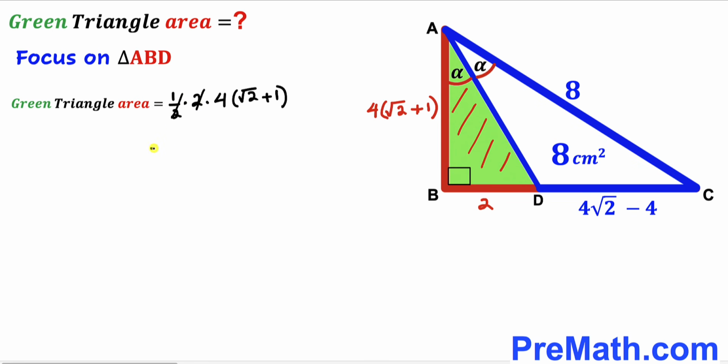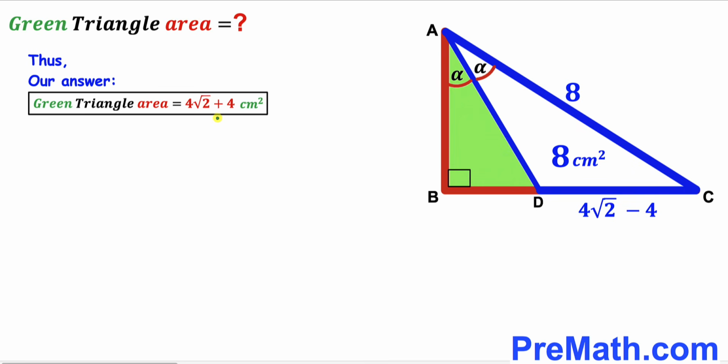So therefore the area of this green shaded triangle turns out to be, if I distribute this one, that is going to give us 4 times the square root of 2 plus 4 centimeter square. So thus after all the calculations and manipulations, the area of this green shaded triangle turns out to be 4 times square root of 2 plus 4 centimeter square.